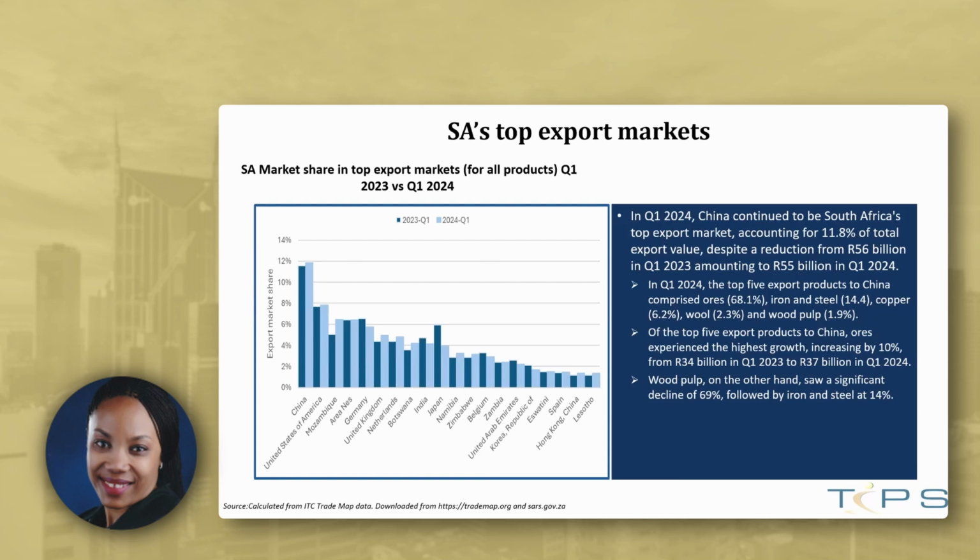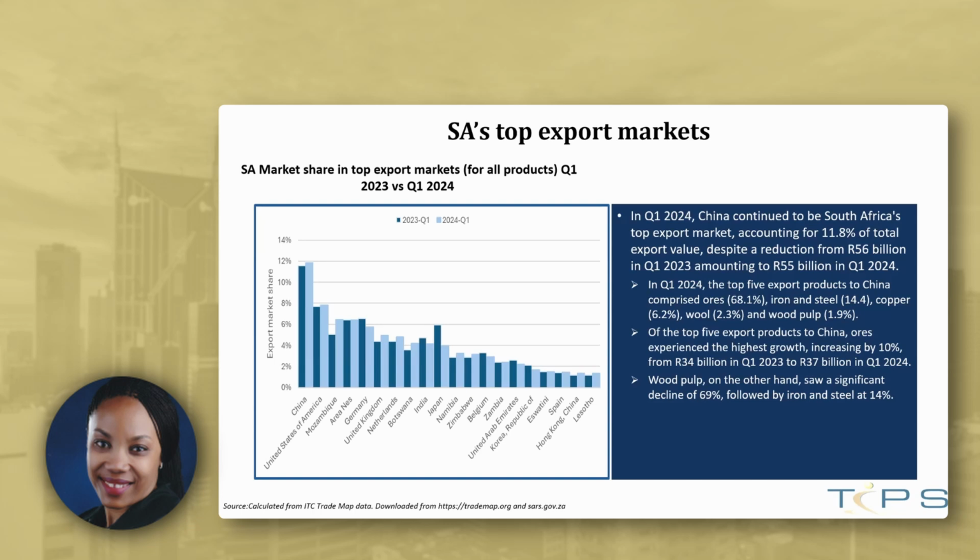In the first quarter of 2024, the top 5 export products to China comprised iron ores at 68%, iron and steel at 14%, copper, wool, and wood pulp.